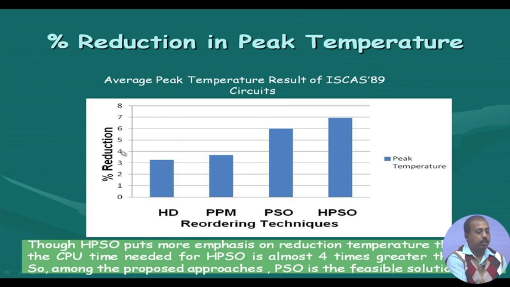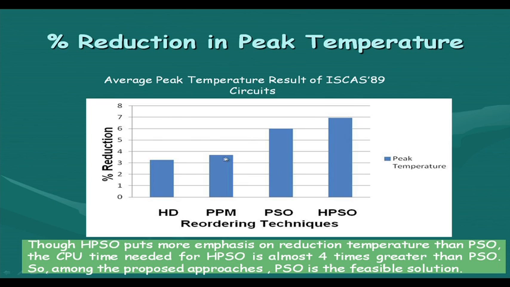If you look into this graph, you will see the percentage reduction for these reordering techniques. If you are doing this Hamming distance based minimization, then this is reducing the temperature by about 3%.